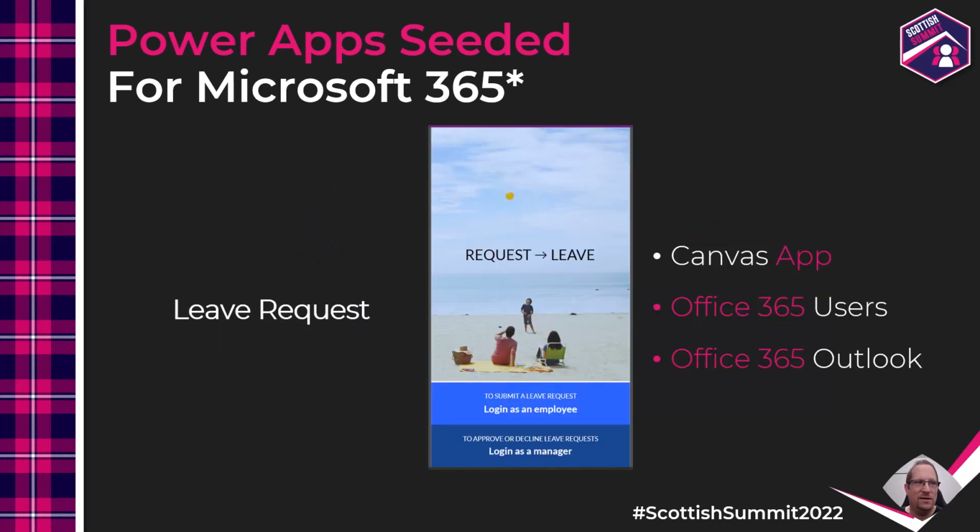An example of that is a leave request app. That is a canvas app. It's for all the Office 365 users, and maybe the only option that it uses is Office 365 Outlook. It's sending out emails, for example. That can be a good use case for a seated license for Power Apps.